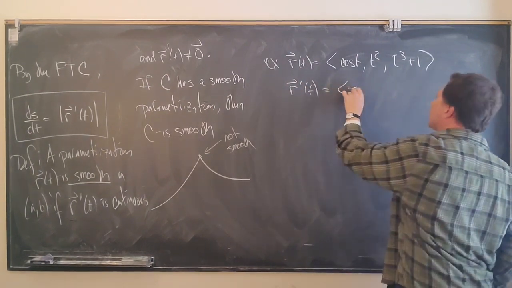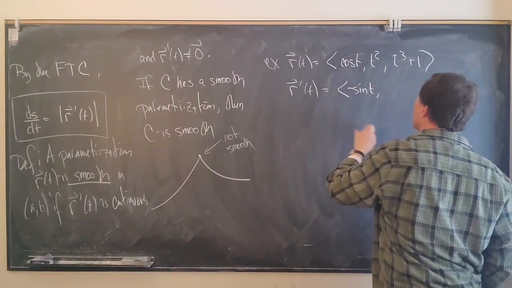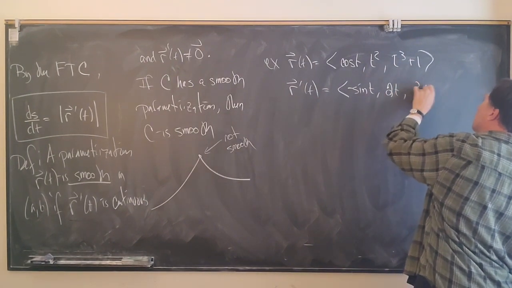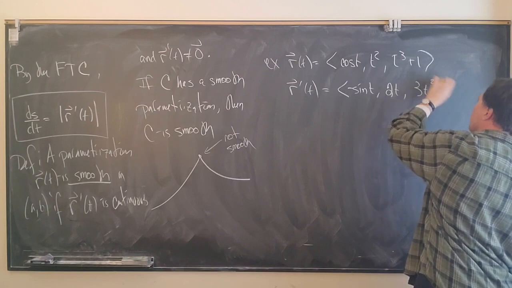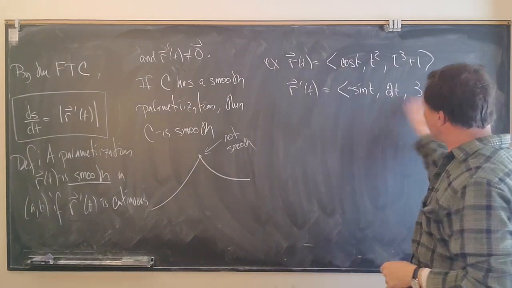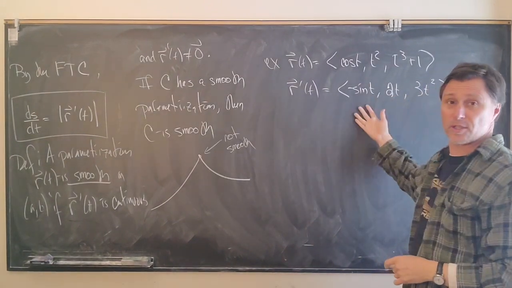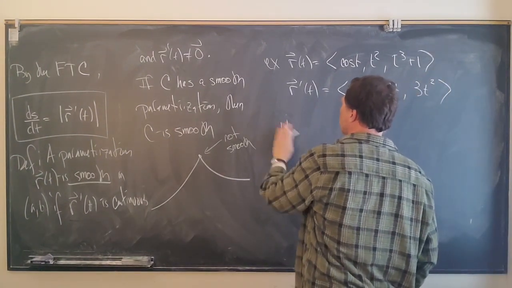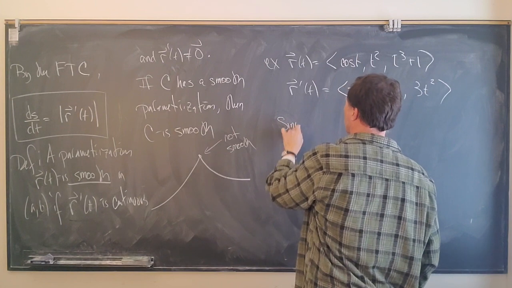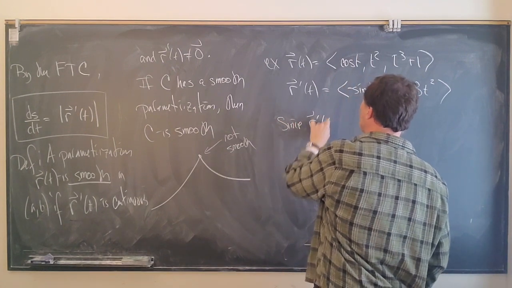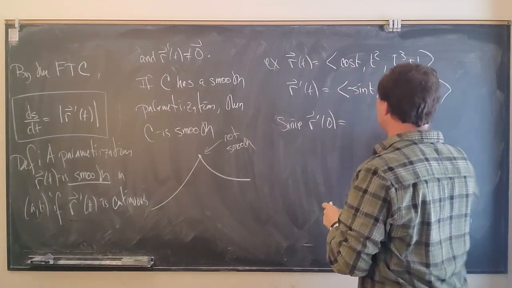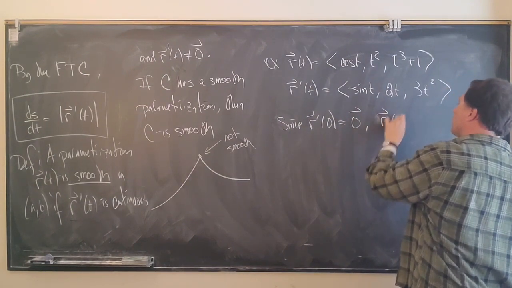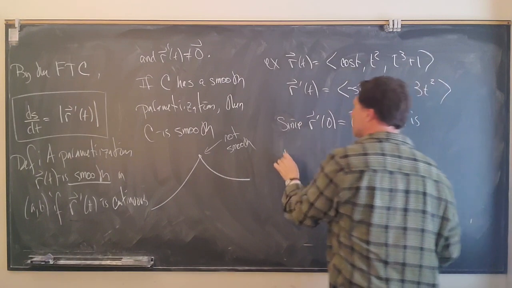That's going to be minus sine t, 2t, 3t squared. This is continuous, each of these component functions is continuous. But note, since r prime of 0 gives us the 0 vector, r of t is not a smooth parameterization.